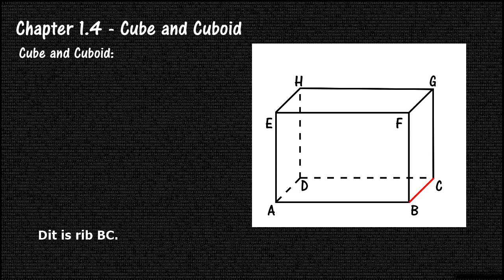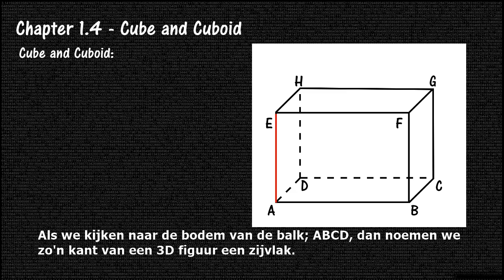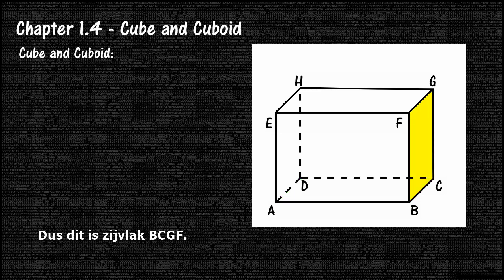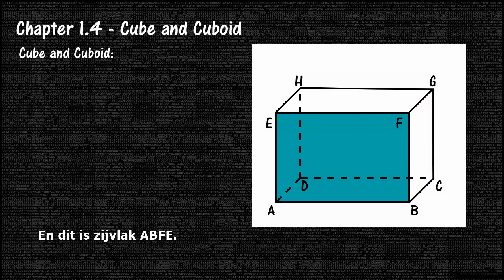So this is edge BC and this is edge AE. If we look at the bottom part of the cuboid, ABCD, we call that side of a 3D shape a face. So this is face BCGF and this is face ABFE.